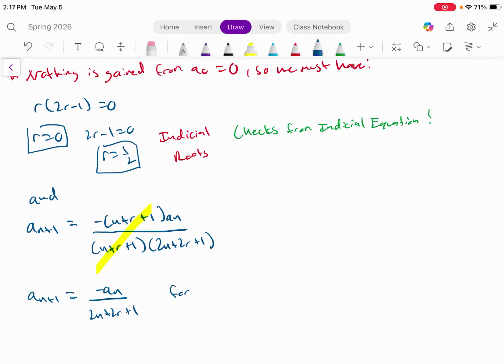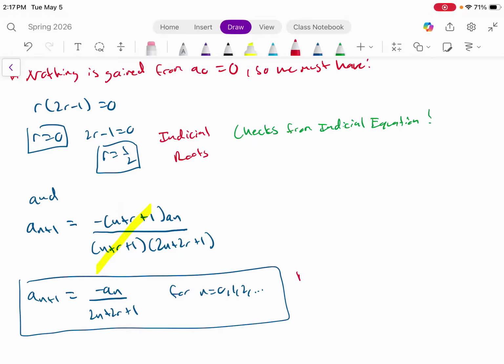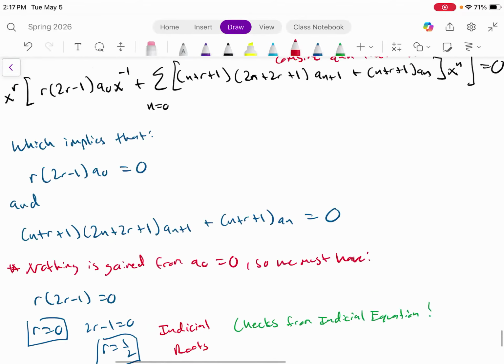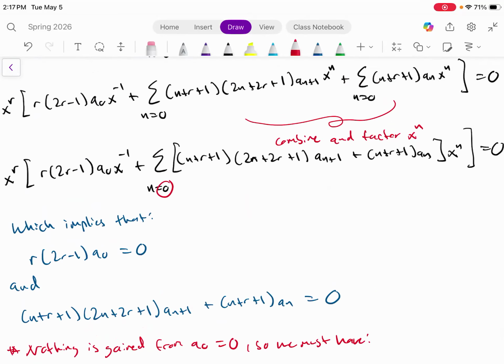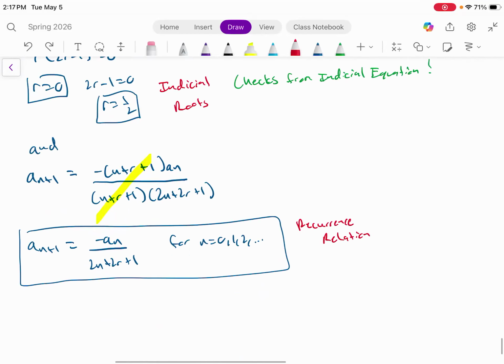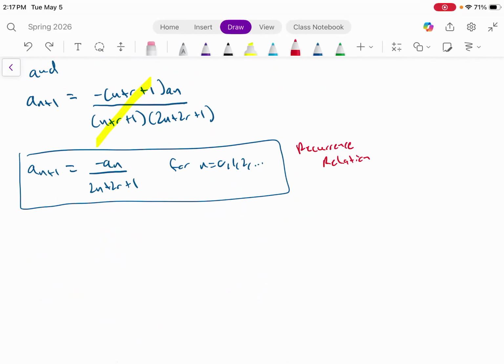And this is for n equals 0, 1, 2, etc. All right, this is my recurrence relation. And why am I starting out at n equals 0? Well, that's just where my power series is starting out.